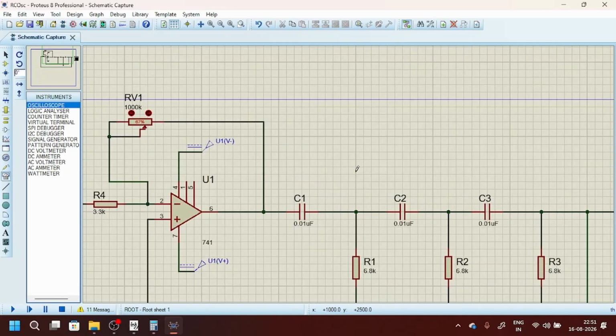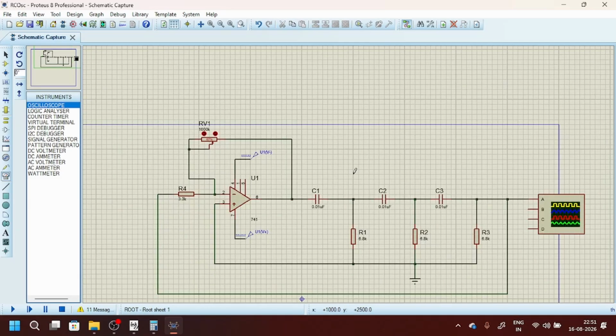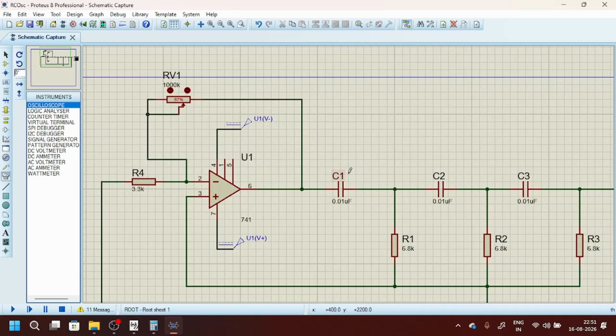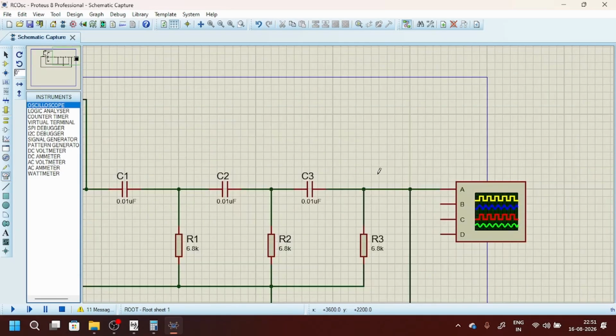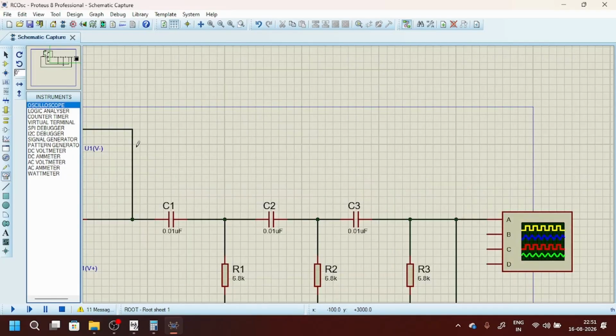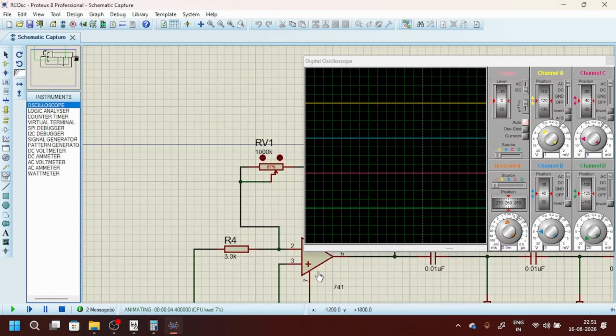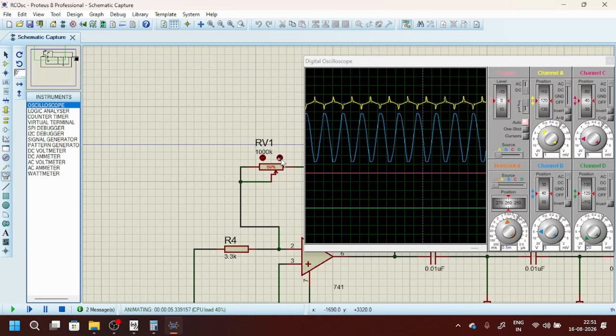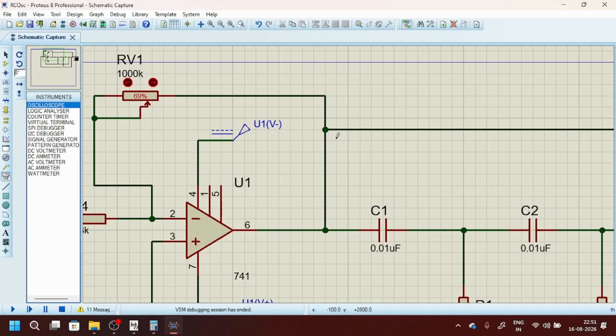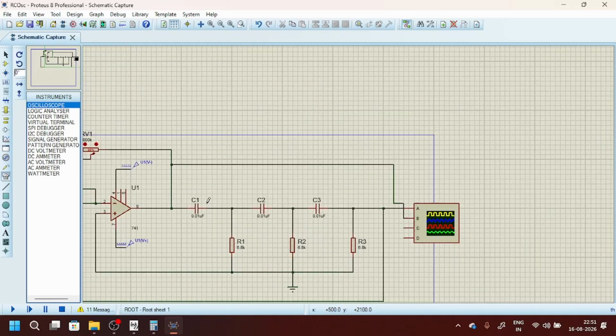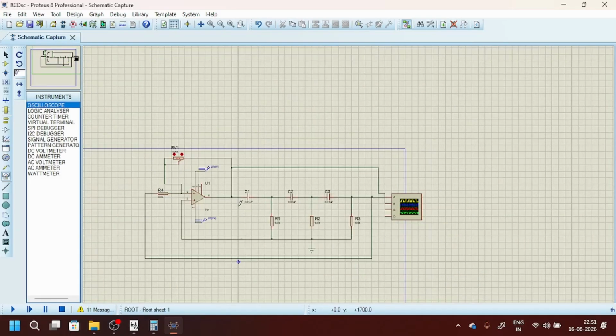Actually, I was checking the input of this op amp. So this is the output, right? This is the thing that we have to check. So this RC section should come at the input side.